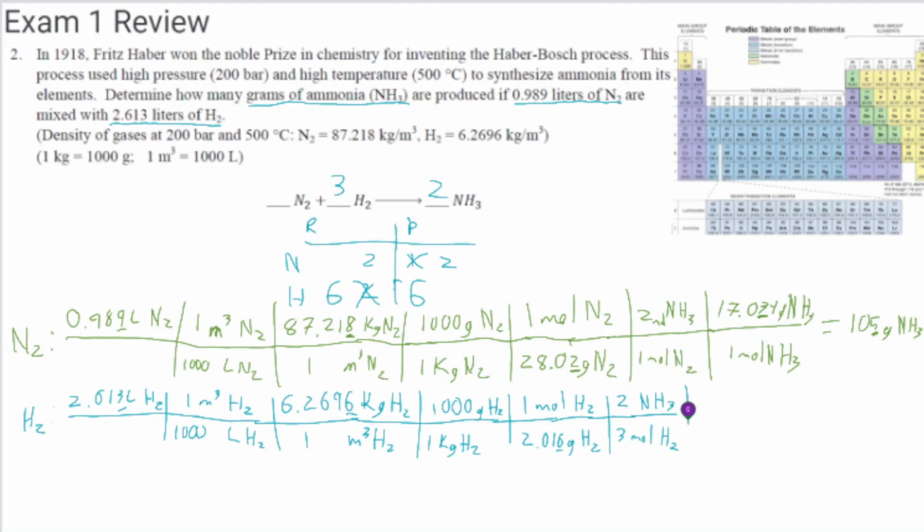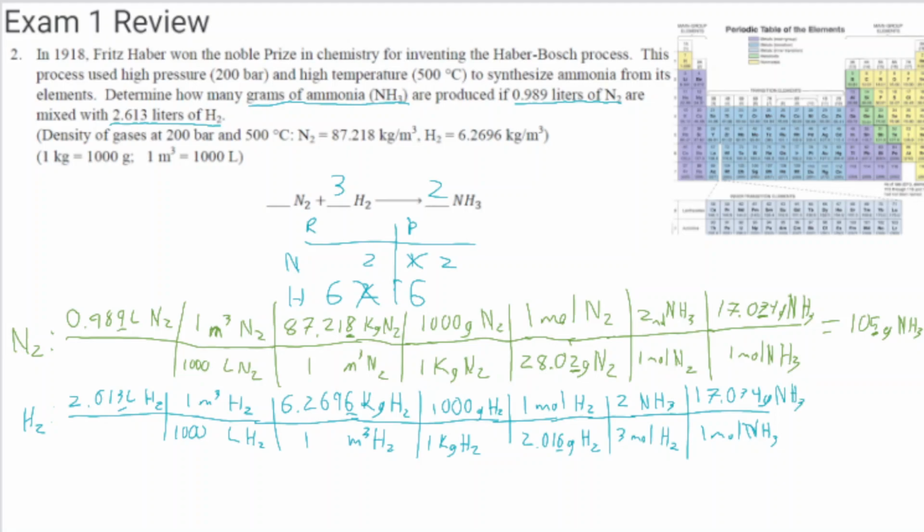Now the last part of this is the exact same as the previous working out, where we can say for every 1 mole of NH3, that'd be 17.034 grams of NH3.